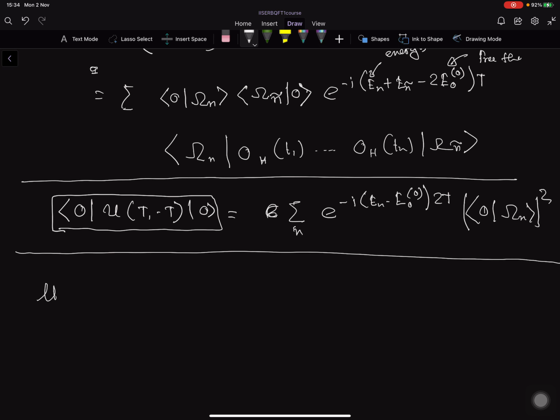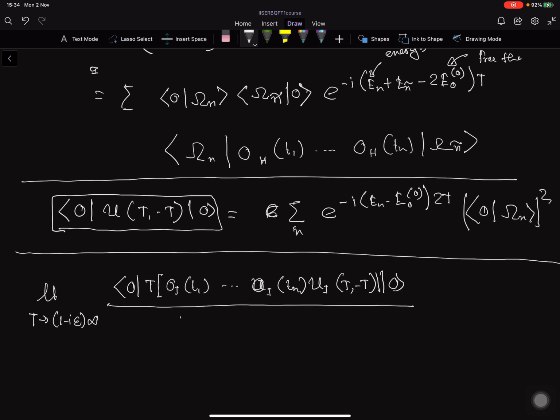So let's now try to compute the limit t goes to infinity(1 minus i epsilon) of <0| time ordered O_I(t_1)...O_I(t_n) U_I(t, -t) |0> over <0| U_I(t, -t) |0>.